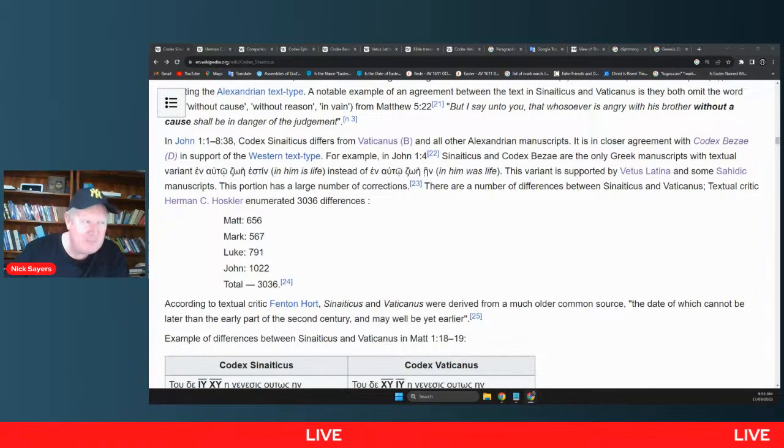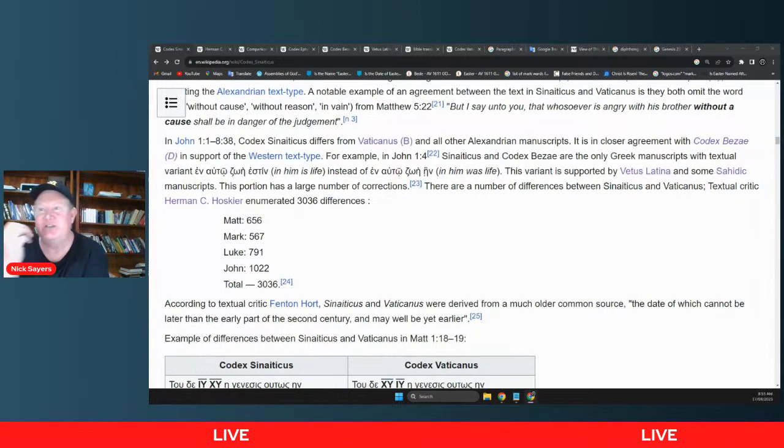So he says Aleph, B, and D. We're talking about Sinaiticus, Vaticanus, and Codex Bezae. I should have said this earlier, but Theodore Beza had Codex Bezae, and he donated it to, I think it was the British Library, or Cambridge Library, I can't remember which.